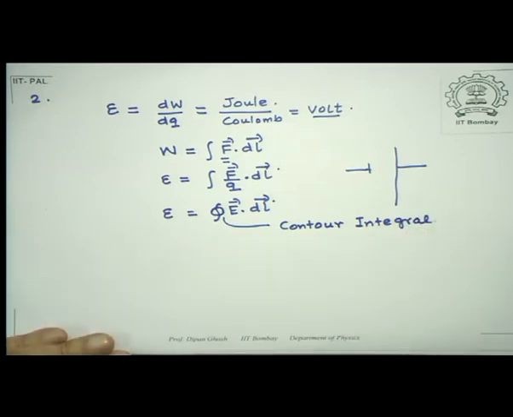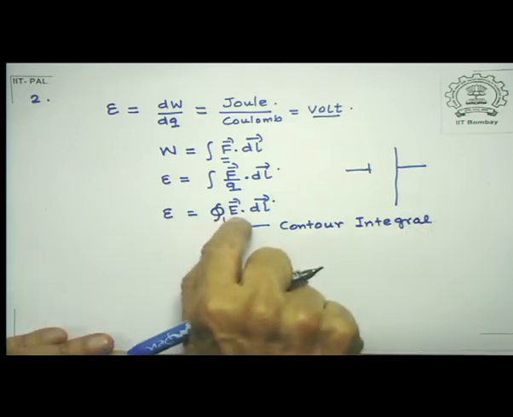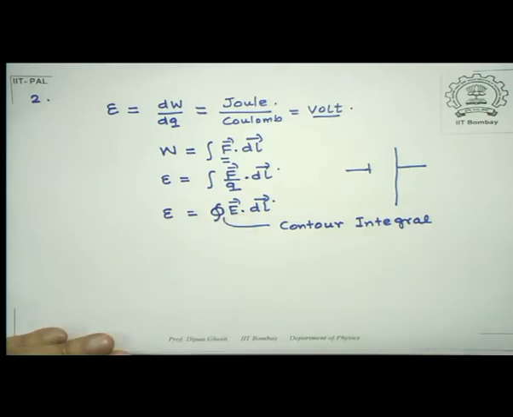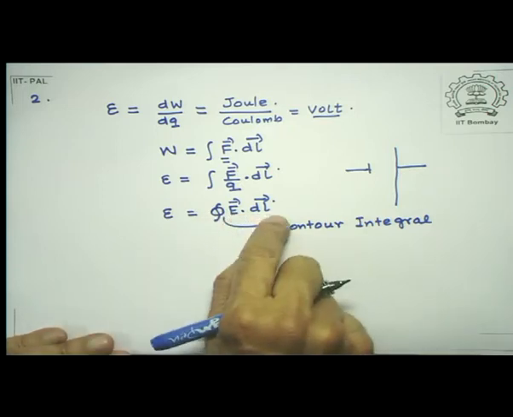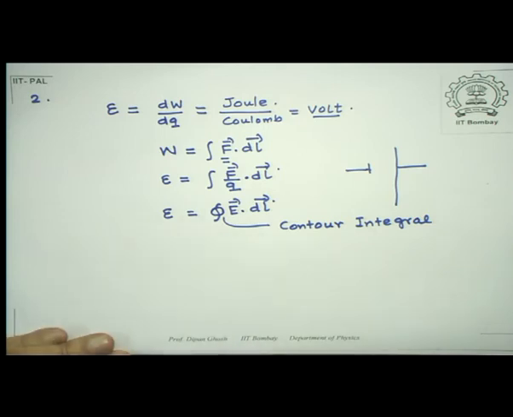Meaning thereby that you take the line integral of the electric field, as you are aware, around a closed loop.